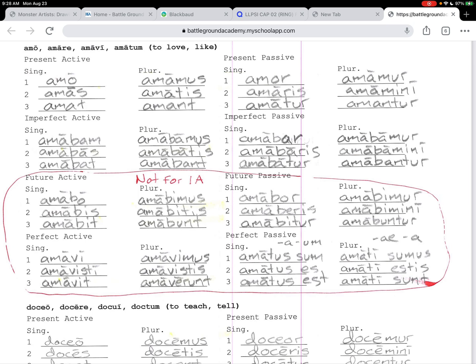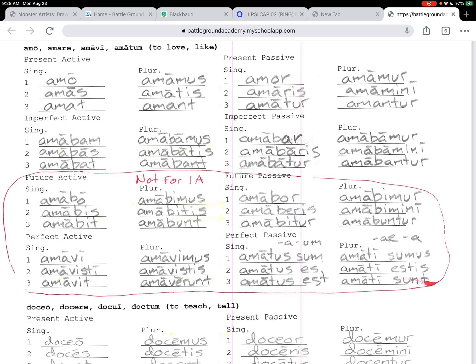It ends with a long I and it has no R. So the R ending in amor or amabar, that means I passive. The ris ending is a you singular passive. The tur ending is he, she, it passive. Mur is we passive. Mini is y'all passive. And ntur is they passive.